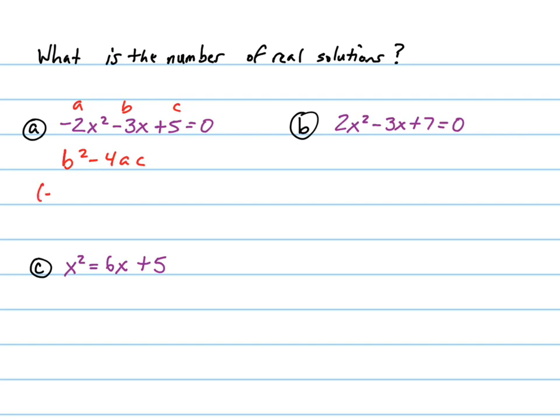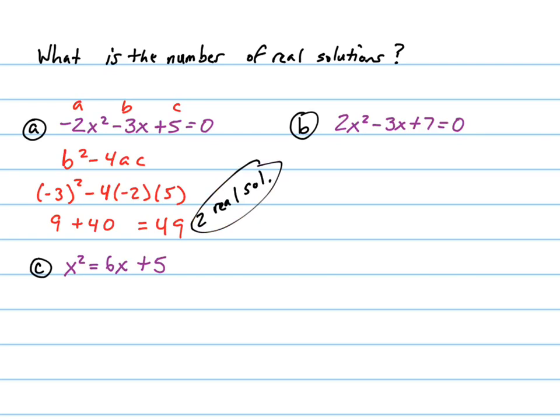So that means we've got negative 3 squared minus 4 times negative 2 times 5. So here we've got 9, and then here, plus 40. So our discriminant in this case is 49. Since it's positive, that means we have 2 real solutions.